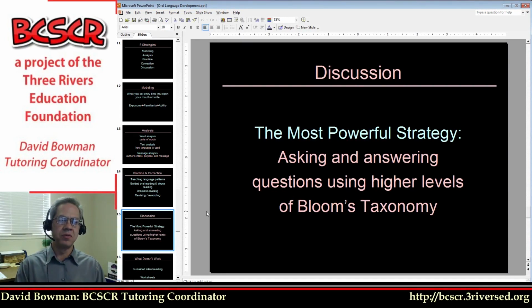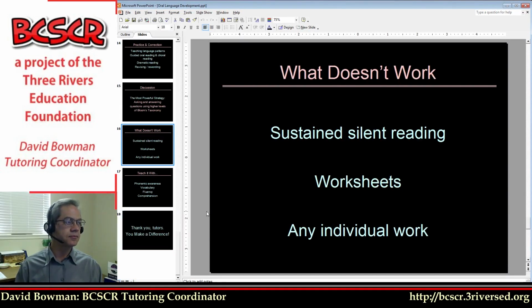Generally, we talk about the higher levels of Bloom's taxonomy, but the same holds true for depth of knowledge. Let's make sure that we give kids a chance to explore all those different realms, both asking and answering questions, and then analyzing language use through those discussions.